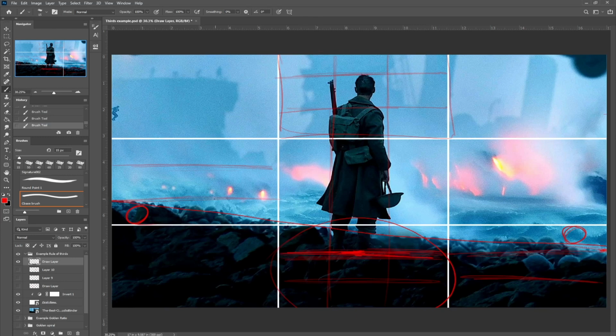If we follow this line all the way across, moving into the background now, we'll find that there's this edge of the ocean that pretty much follows that same line.